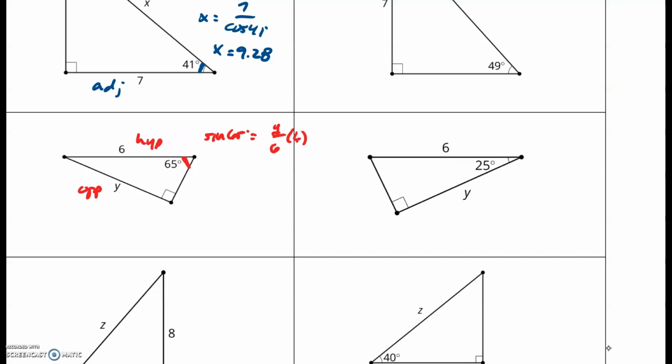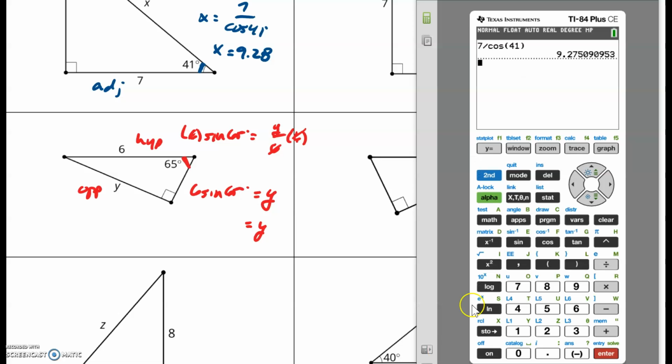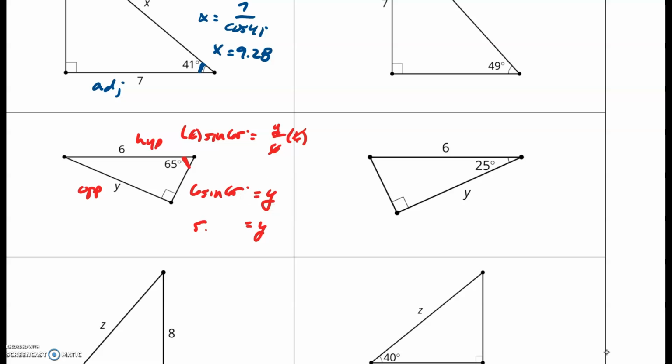Solve this by multiplying both sides of the equation by 6. 6 times the sine of 65 degrees is equal to y. So y equals, back to my calculator, 6 sine 65, 5.44.